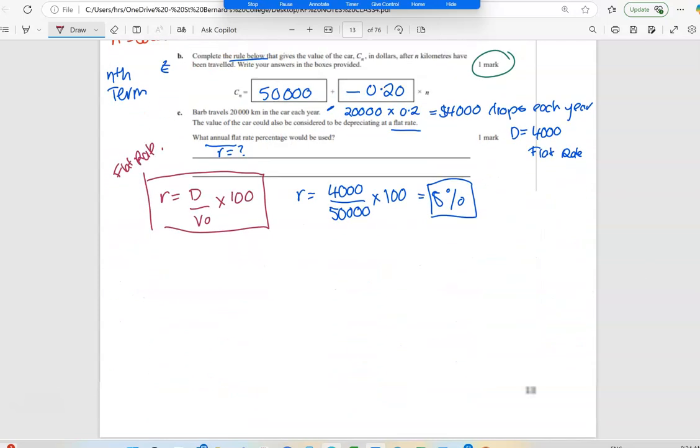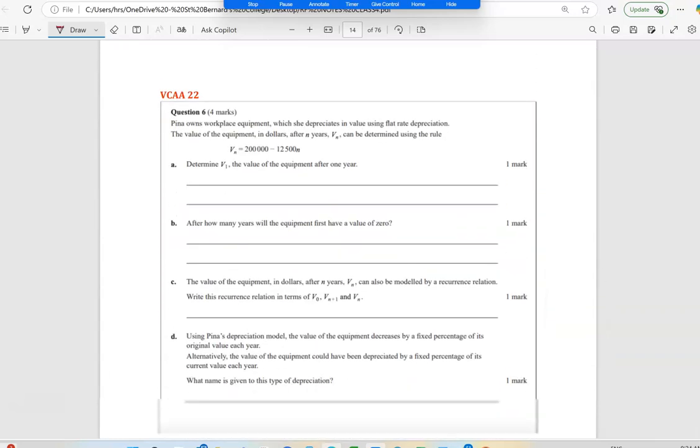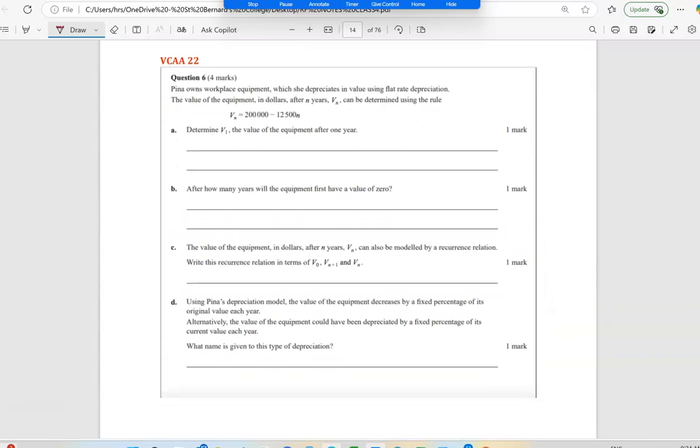Okay, the next one. Pina owns a workplace equipment. It depreciates using flat rate. So we're going to always start underlining this. Flat rate. There's the value of the equipment. So this is nth term. This was the value of the equipment after n years using the rule.